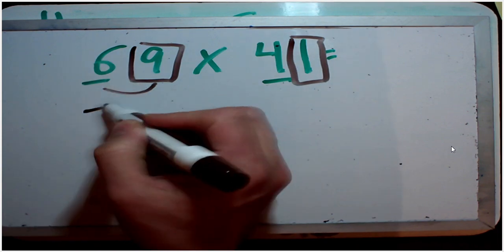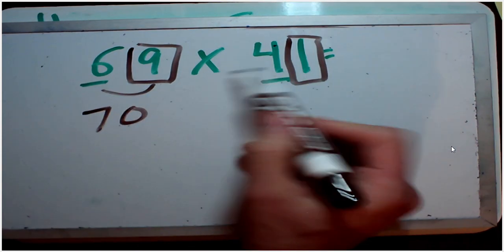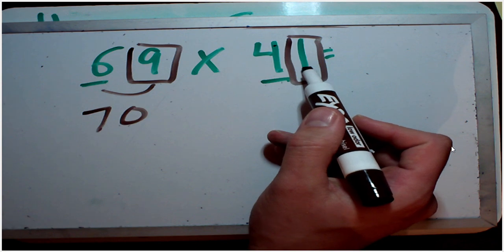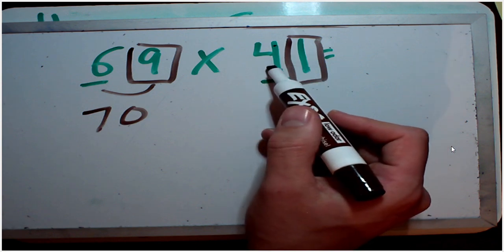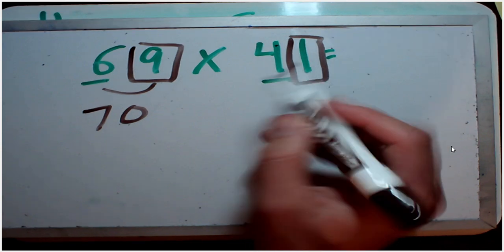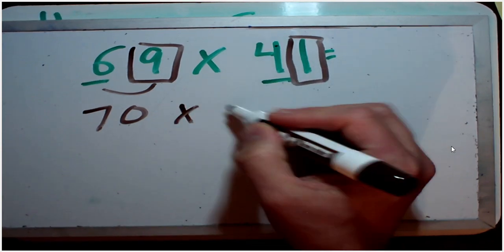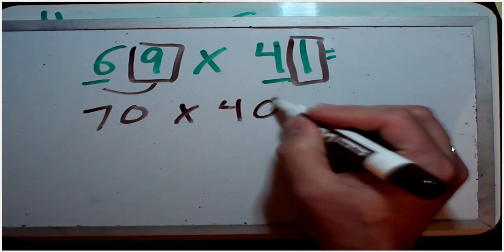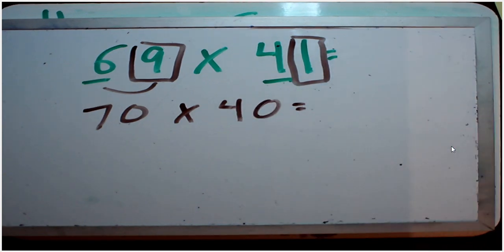So we have 70. And then we look at the 41. That 1 tells me I can either keep it low to a 4 for 40 or shove it up to 50. That 1 is going to tell me to keep it low. So now I have a nice extended fact with multiples of 10.